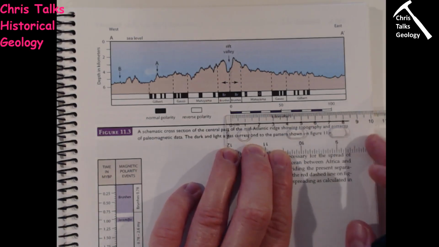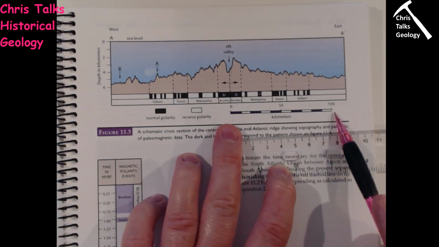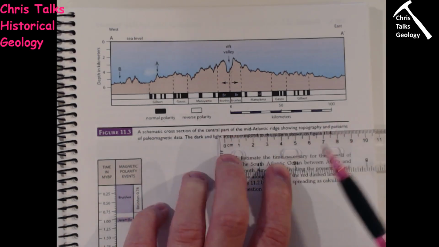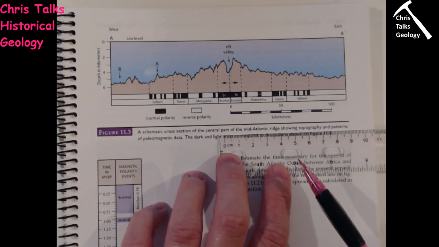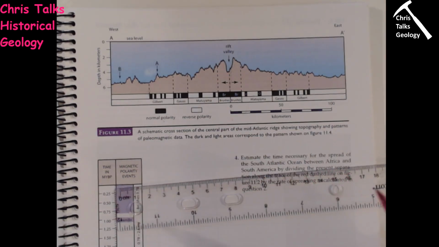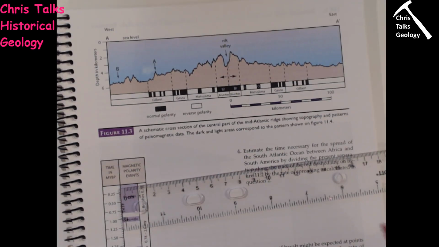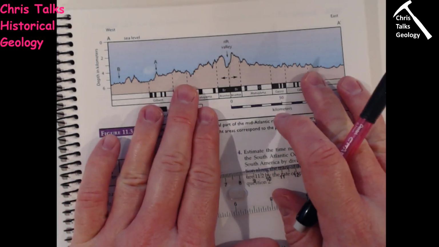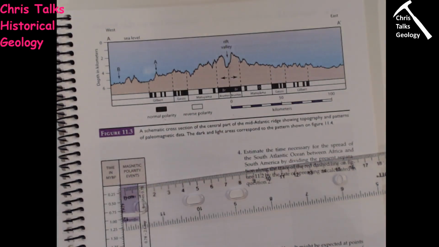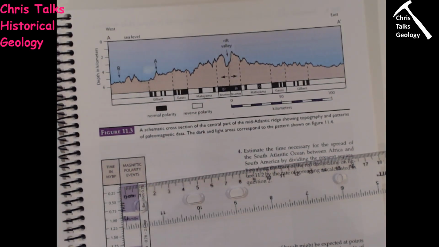So we're going to take the 100 and divide it by 72. That's going to give us a number of somewhere around 1.4, 1.5. You'll do the calculation yourself to get the correct answer. And that means every 1 millimeter on this diagram corresponds to, let's say, 1.4 kilometers. Now that's very important to know because we're going to need that later.